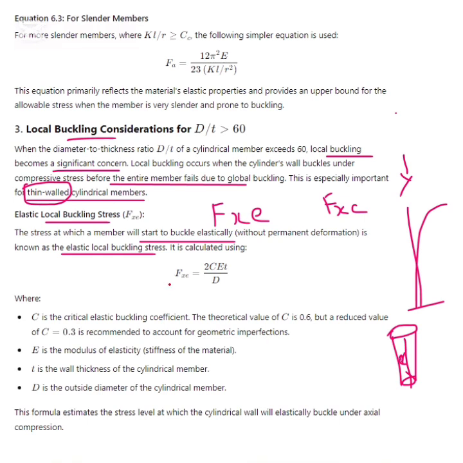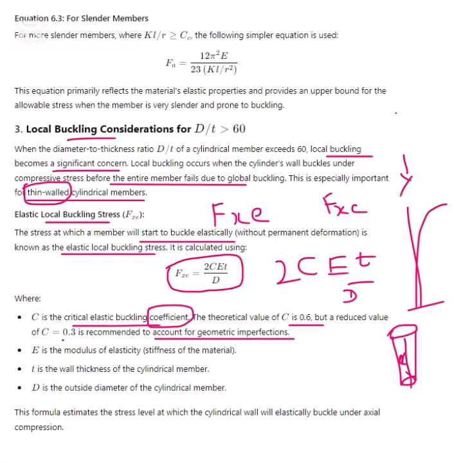So FXE is the stress at which the member will start to buckle elastically. Here FXE equals 2CE times thickness by diameter. Here C is the critical elastic buckling coefficient. Its theoretical value is 0.6, but a reduced value of 0.3 is recommended to account for geometric imperfections.